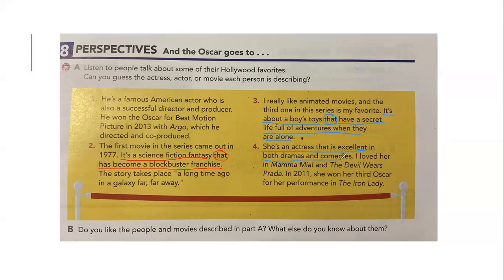This is the example that we did in the previous slide. She is an actress, main clause. That or who, remember you can also use who because we are talking about a person. She's an actress that or who is excellent in both dramas and comedies. Okay.